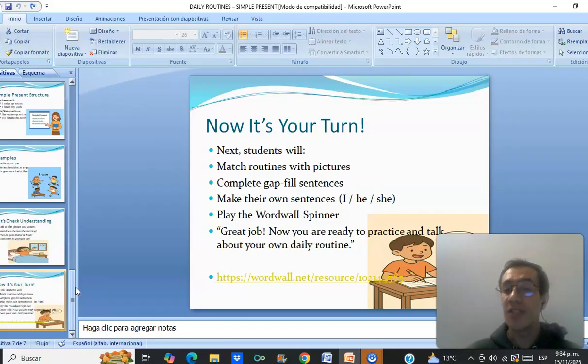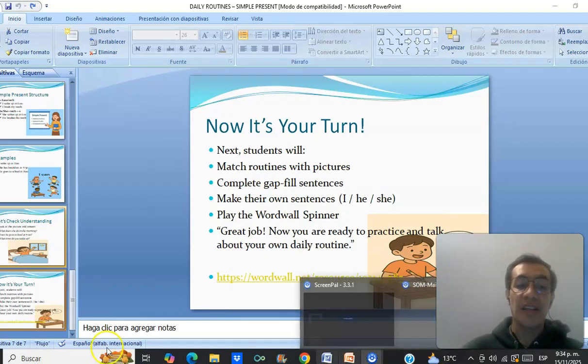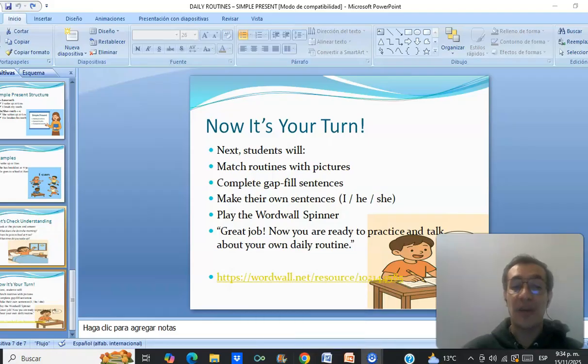We're gonna be using the auxiliary do and does to make questions, and also we're gonna be using S in the verbs when we talk about he or she or it, and also the verbs that we have studied previously and that we're gonna start using. So your participation is gonna help us to verify if you need to practice a little bit more. Thank you very much for your time and for the attention, and we're gonna start right now.